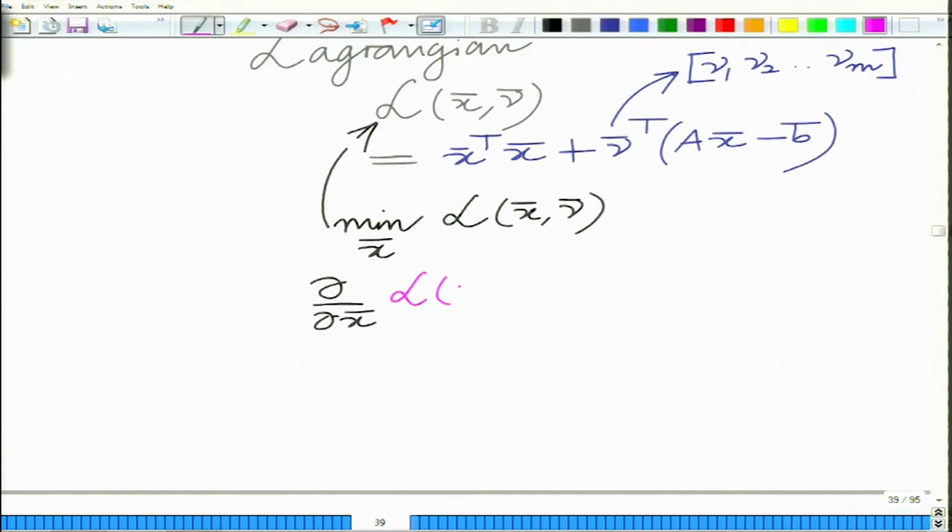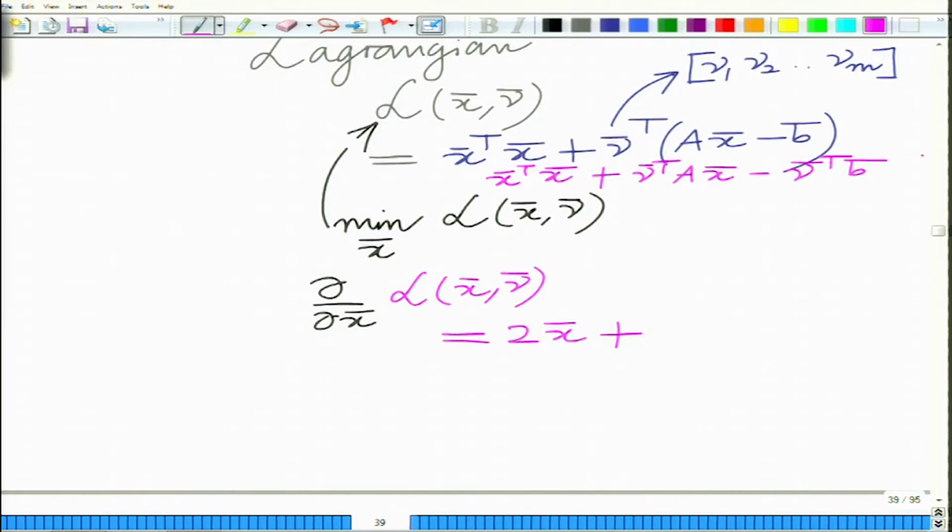We know how to differentiate this function of a vector x bar transpose x bar. The derivative with respect to x bar is twice x bar plus nu bar transpose A into x bar, from x bar transpose x bar plus nu bar transpose A x bar minus nu bar transpose B bar. Now, of course, the derivative of nu bar transpose B bar with respect to x bar is 0.